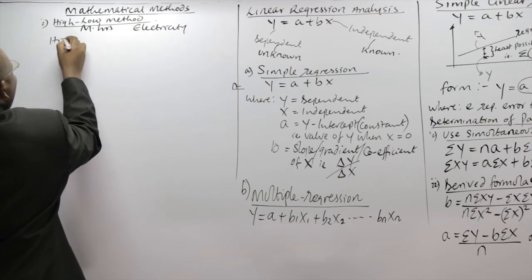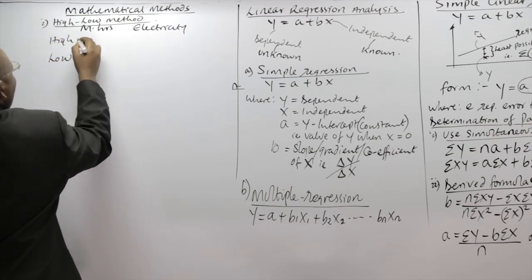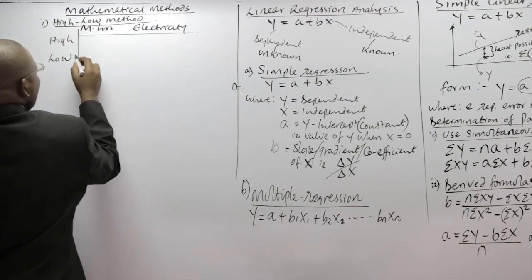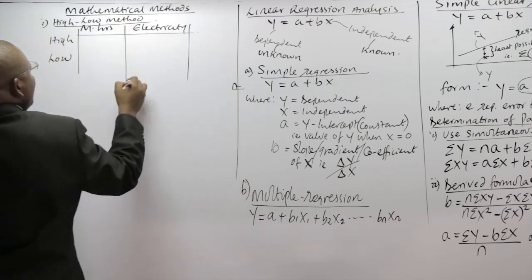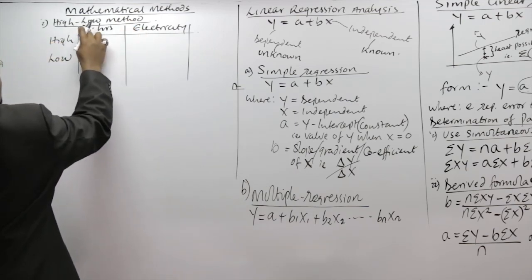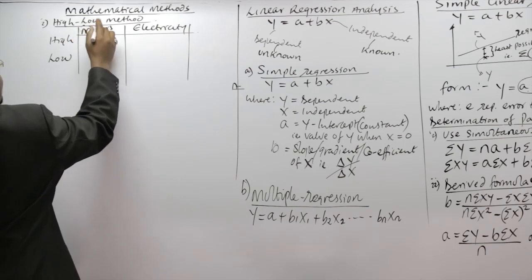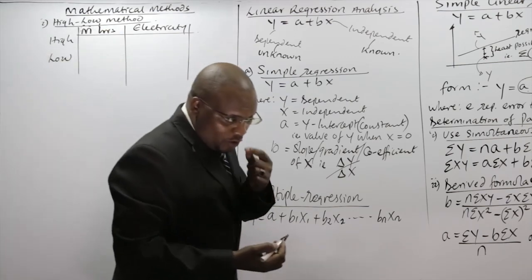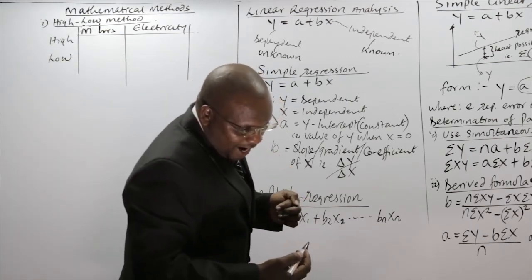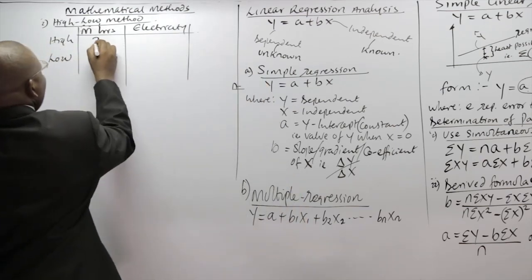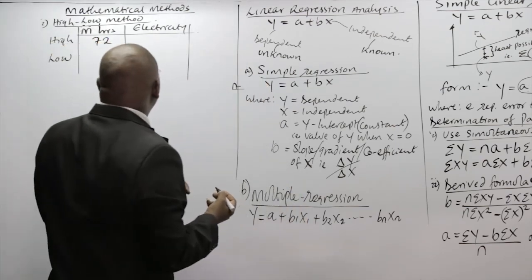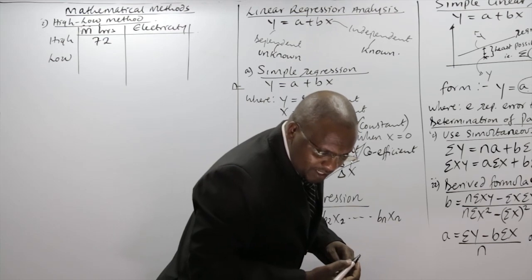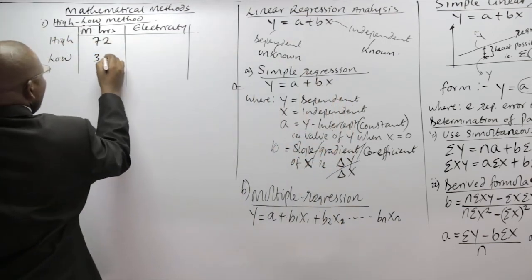So we have high and we have low points. In our case, if you check from the question, the highest point of the hours is in November, which is 72 hours, while the low is 39 hours.